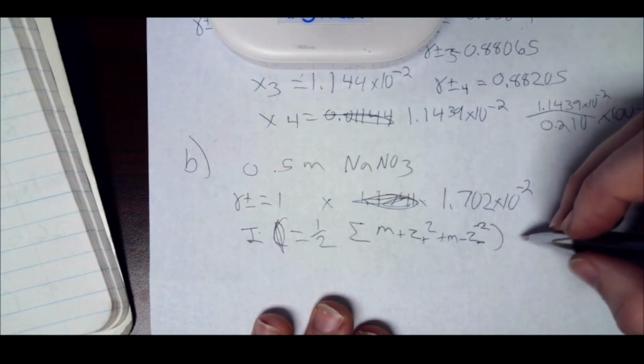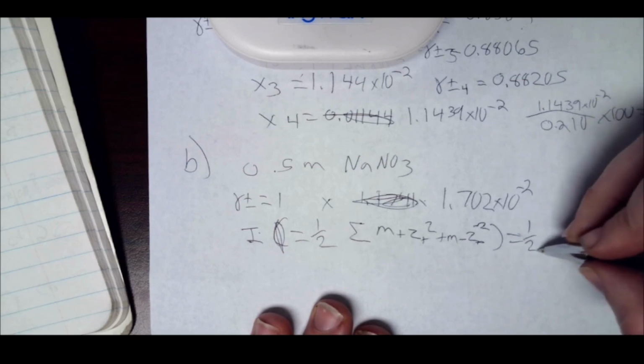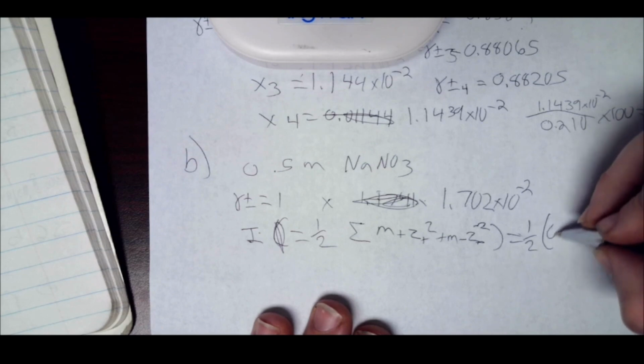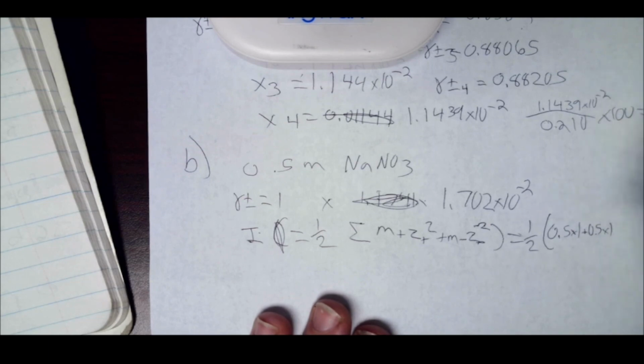So it becomes 1/2 times 0.5 times 1 plus 0.5 times 1 plus x times 1 plus x times 1.